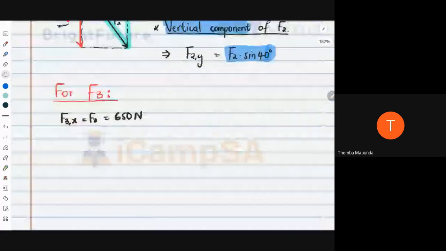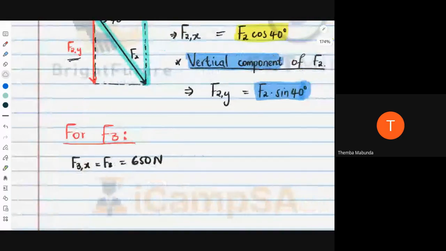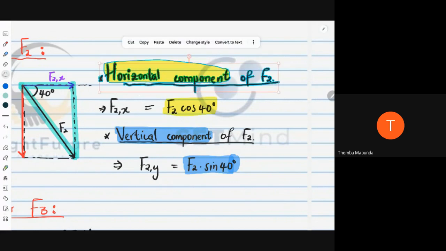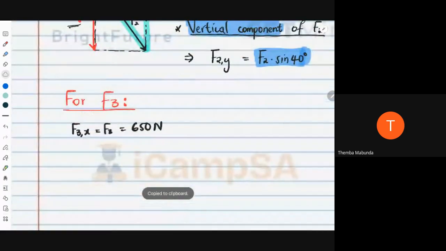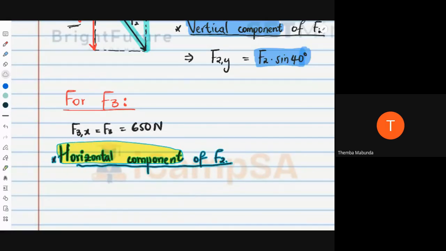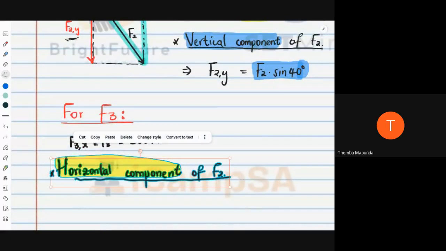Right, so F3x is simply like that. If we want to be ordered and do the same thing we've been doing, to avoid confusing you guys, I'll copy this and ask, what is the horizontal component of F3? Is it Y or X? Yeah, it's X, sorry.